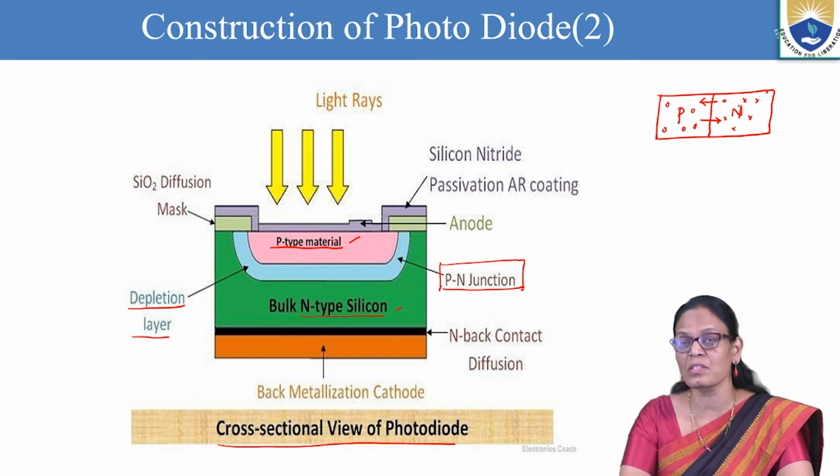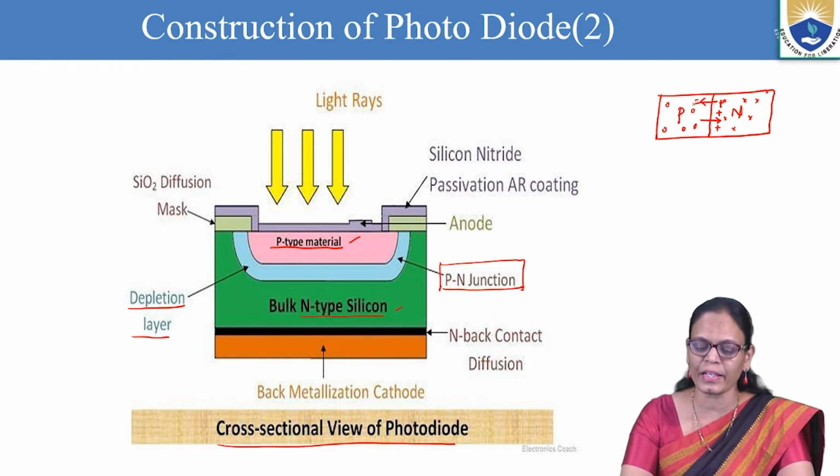As the process continues, there are immobile positive ions stuck to the crystal lattice on the N side, and negative ions stuck to the crystal lattice on the P side.